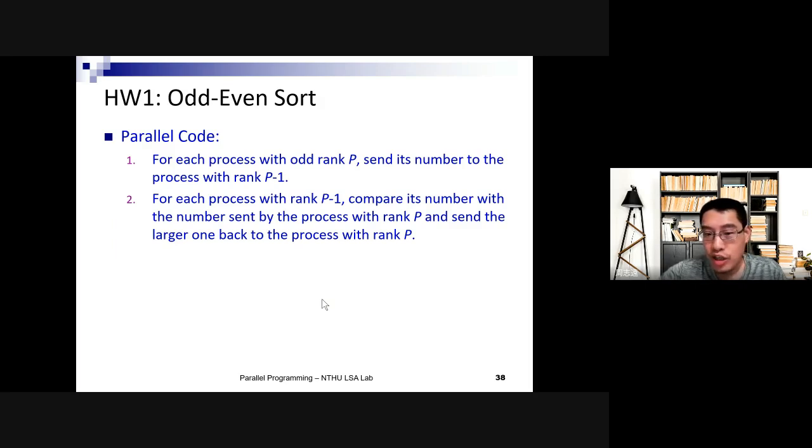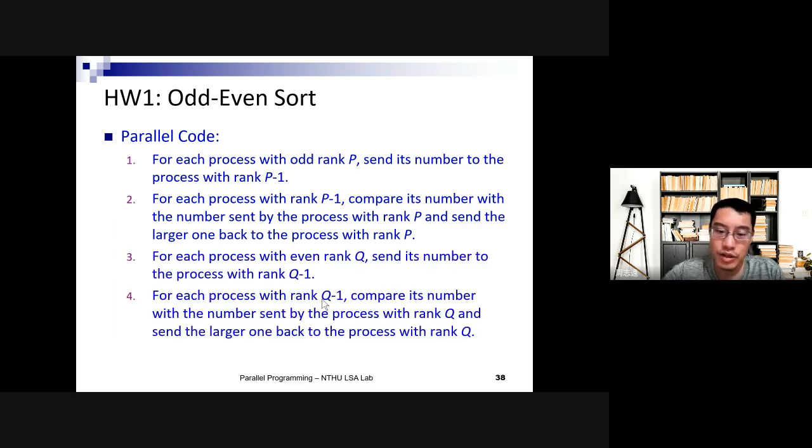All you need is to write some branches to identify whether it's the odd phase or the even phase, so each process knows whether it should contact the neighbor on the left side or the right side. Then just do the data swapping and compare-and-swap operation, and keep repeating, and then you get the result, right?